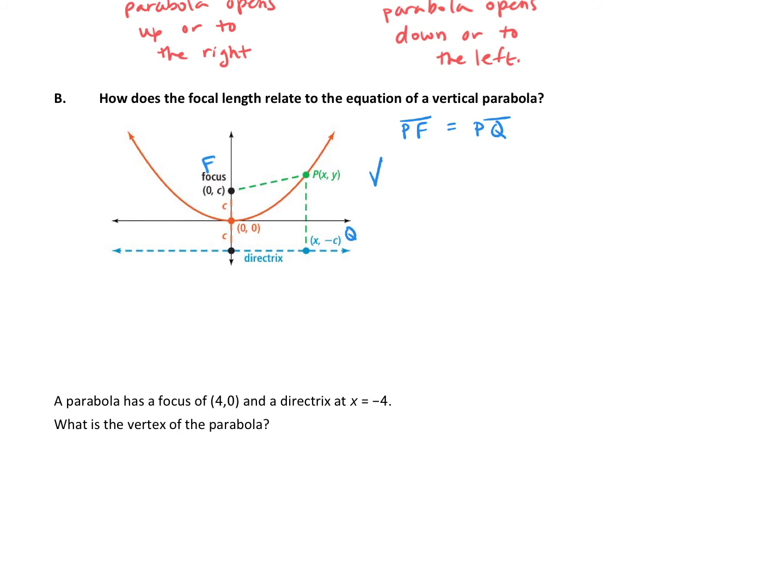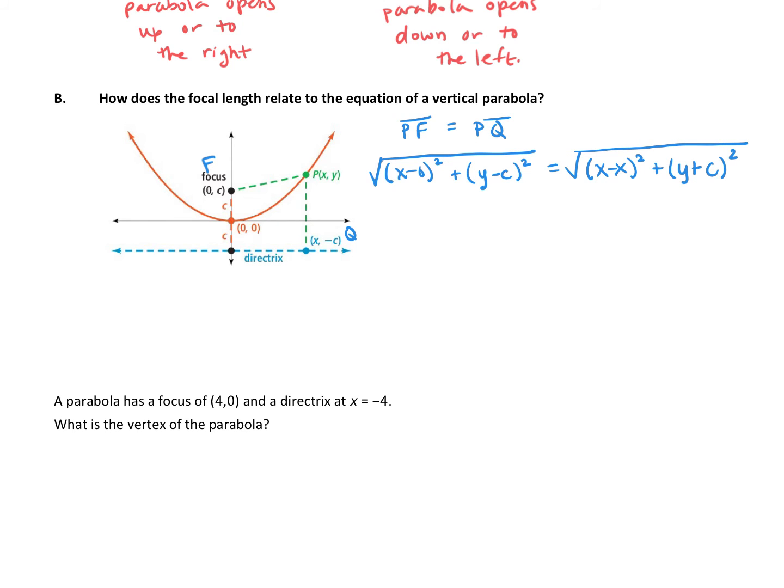The distance from P to F, we're going to subtract the x's, x minus 0 squared, plus subtract the y's, y minus c squared. That's equal to the distance from P to Q. Let's subtract the x's. We've got x minus x squared plus y minus a negative c turns into plus c squared.